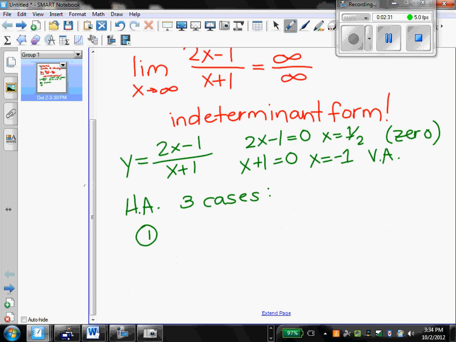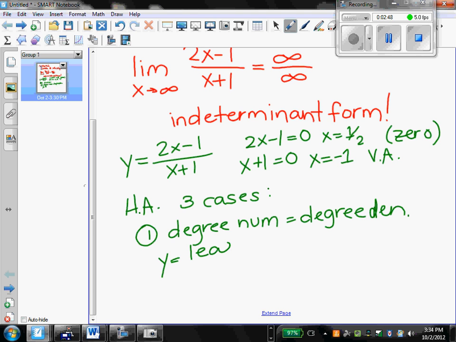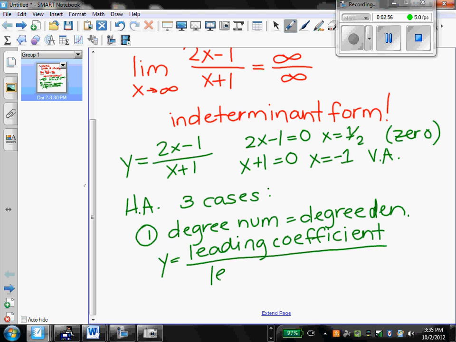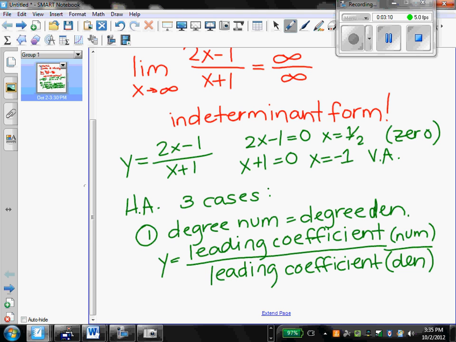The first one is if the degree of the numerator is equal to the degree of the denominator, then y equals the leading coefficient divided by the leading coefficient of the denominator. And whatever that value is will be the horizontal asymptote.